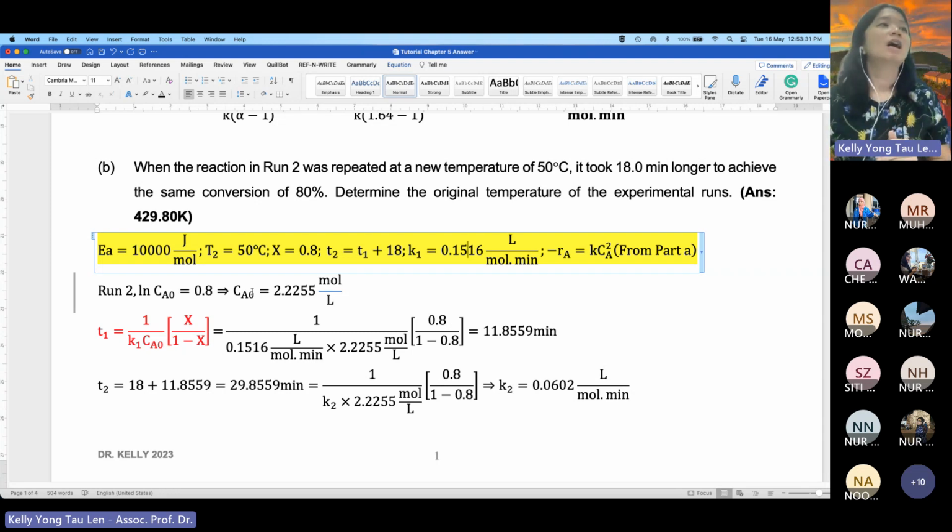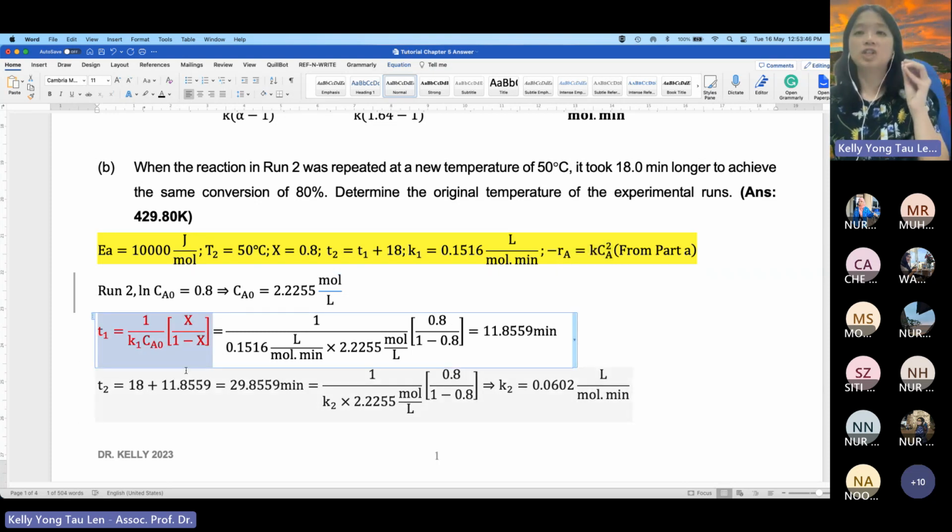So if you check, if you have rate law minus RA equals to KCA power of 2, fasa dia tak apa sebab liquid atau gas equation masih sama. And batch reactor, equationnya diberi sebagai reaction time equals to 1 per K CA0 in bracket X per 1 minus X.